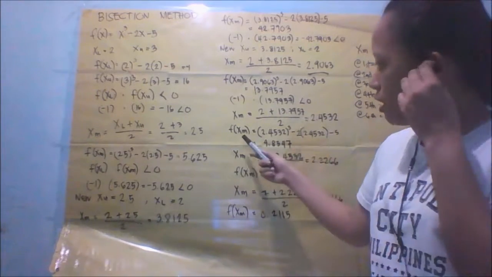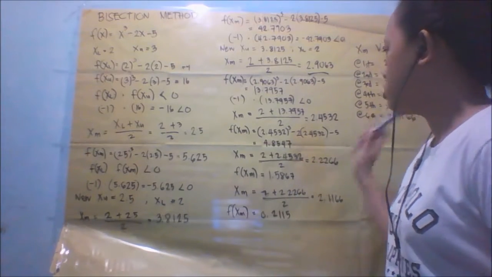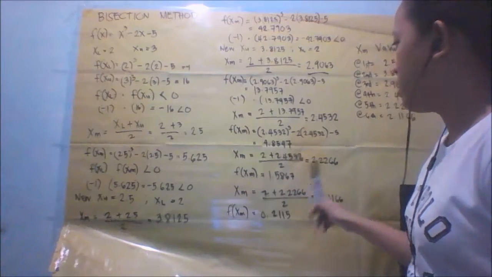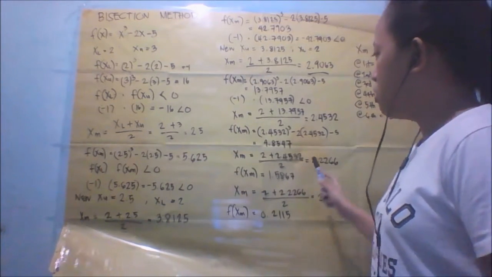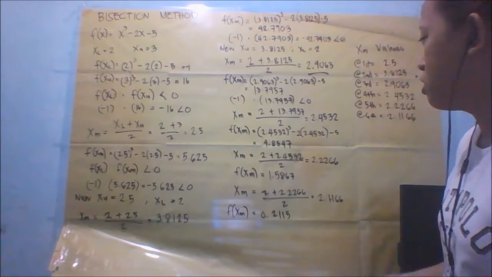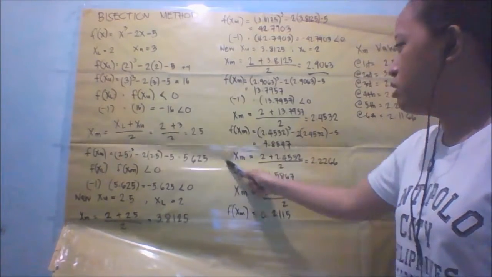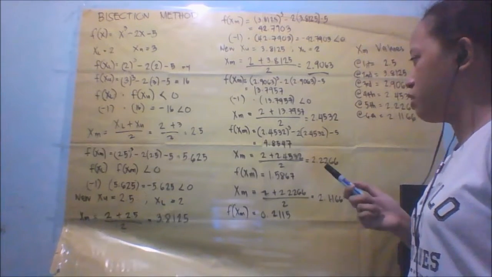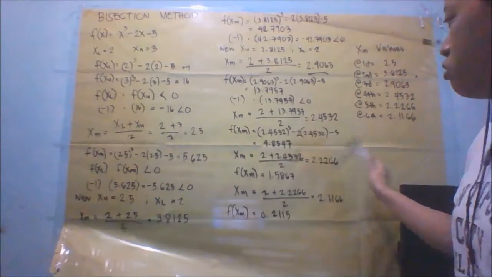Then getting the f of xm equals 2.4532 cubed minus 2 times 2.4532 minus 5, which is 4.8547. Again, it is positive, so we take the value of our xm to be our new xu. So getting the xm again, 2 plus 2.4532 over 2 is 2.2266.